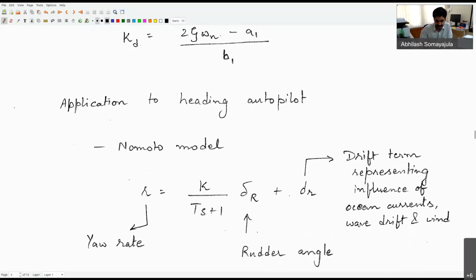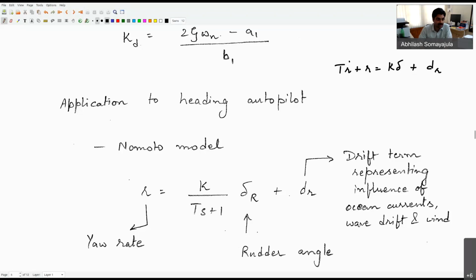So remember that the Nomoto equation is given by T r dot plus r is equal to k times delta. Here we are assuming that there is some additional disturbance dr, which is coming due to the influence of ocean currents, wave drift and wind drift. So these are environmental factors which are not allowing my vessel to keep course, or they are trying to perturb my system here and there.